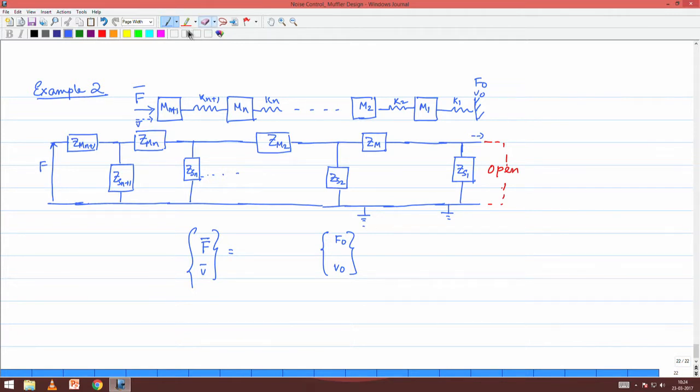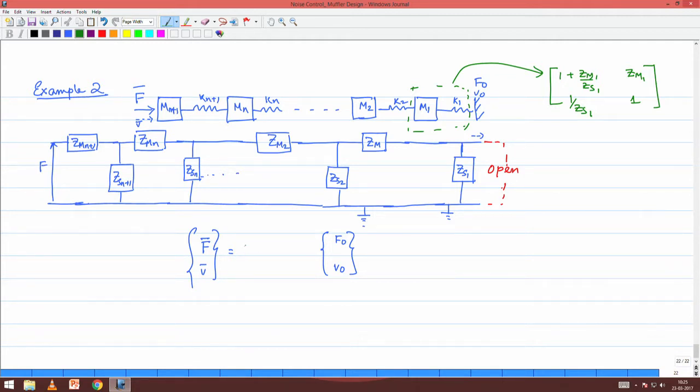We know that associated with each spring mass system, the transfer matrix I have already derived as [1 plus Zm by Zs, Zm; 1 by Zs, 1]. So, each spring mass block is going to give you a transfer matrix with that specific structure, with an index i. All that you have to do is keep multiplying these transfer matrices from the downstream end to the upstream end.